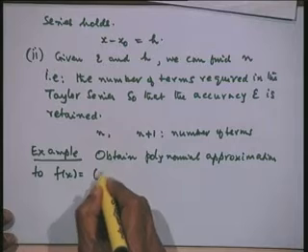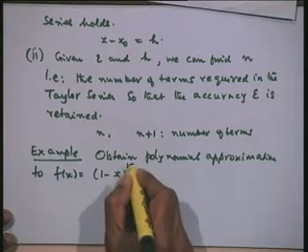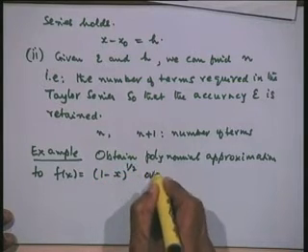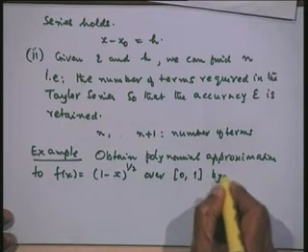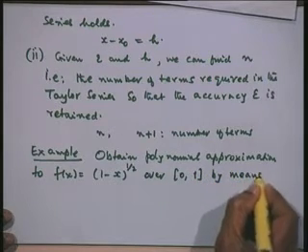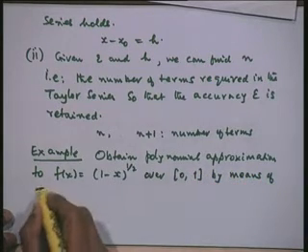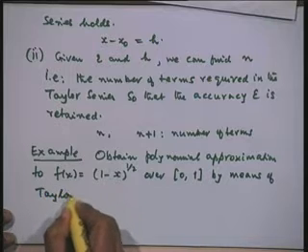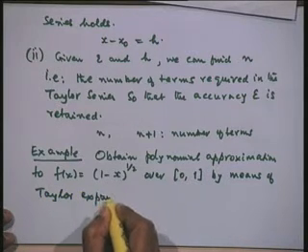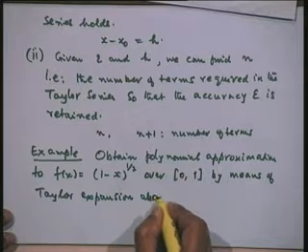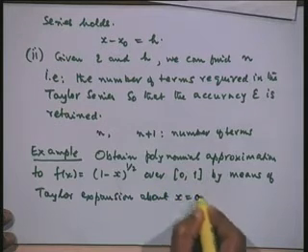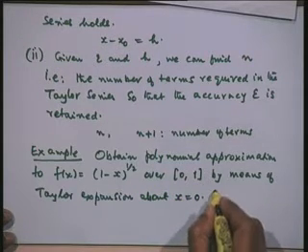Let us take a simple function, 1 minus x to the power of half, over 0 to 1, by means of Taylor expansion about the point x is equal to 0.